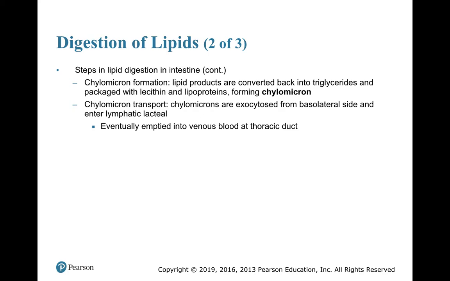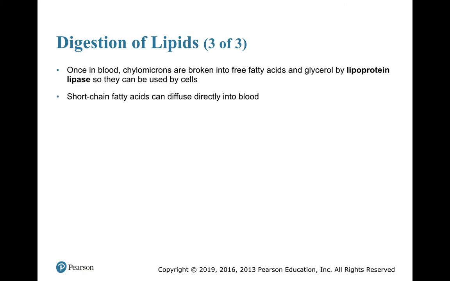And eventually that lymphatic fluid, lymph, empties into the blood at the thoracic duct, back into the venous circulation. Once it's in the blood, they are broken down into free fatty acids and glycerol by lipoprotein lipases so that they can be used by cells. Short-chain fatty acids can also diffuse directly into the blood.